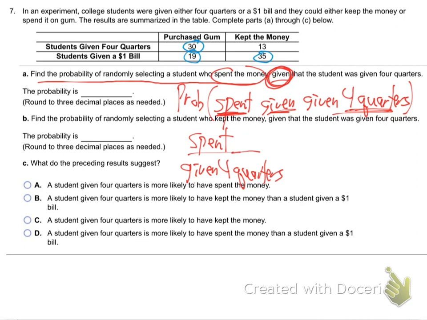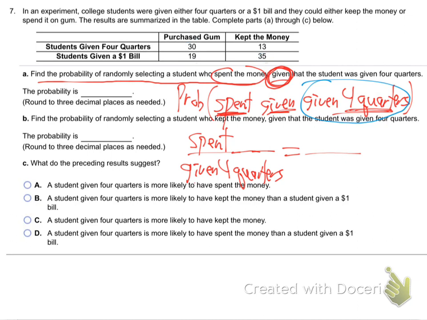Because we know they were given 4 quarters. That's what they're saying. Right here when they say this, we're talking about people that were handed 4 quarters, not those that were handed a dollar bill. So among that group, how many is in that group? How many were given quarters? 43. Yeah, and how are you coming up with that? 30 plus 13. Purchased the gum and kept it.